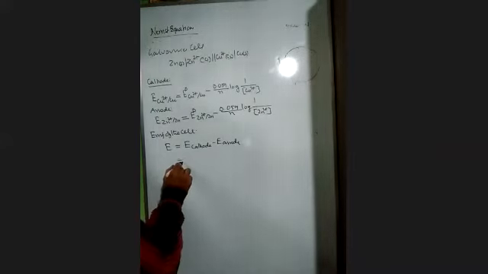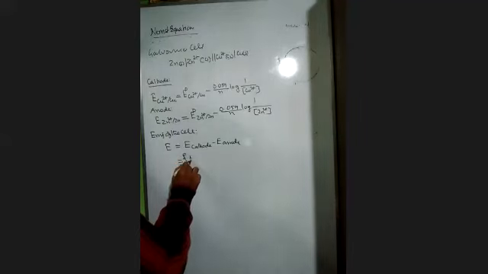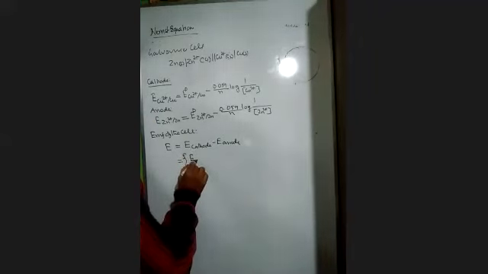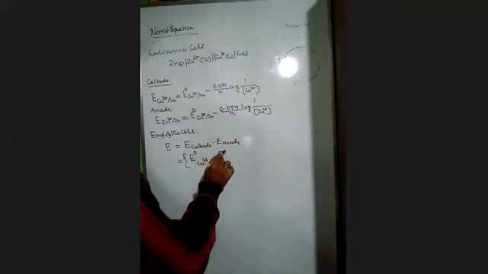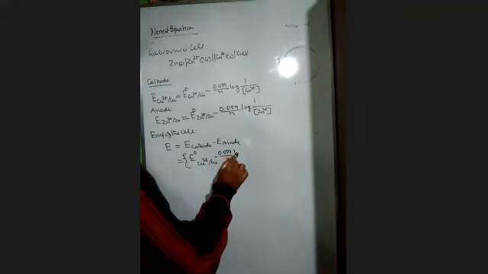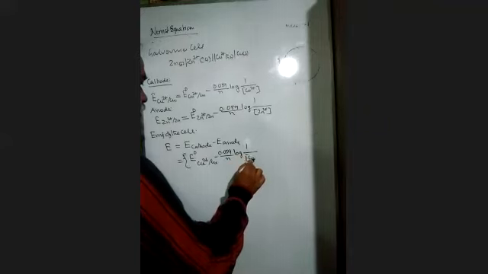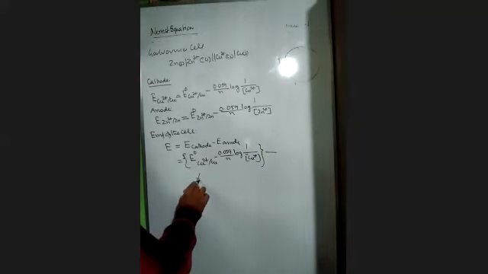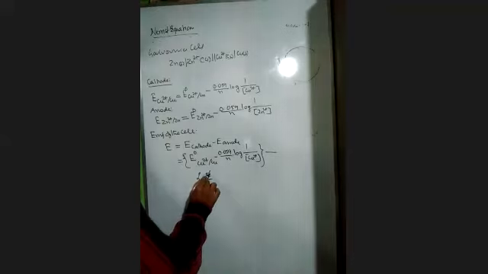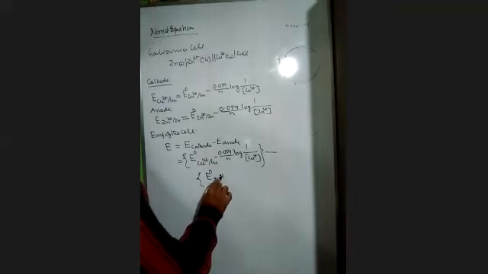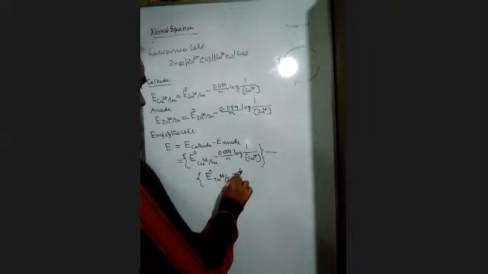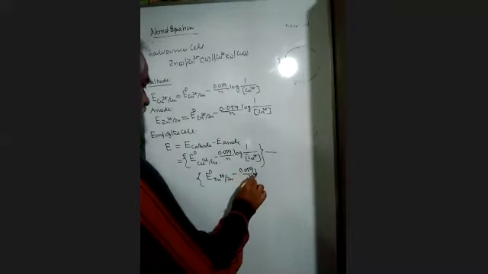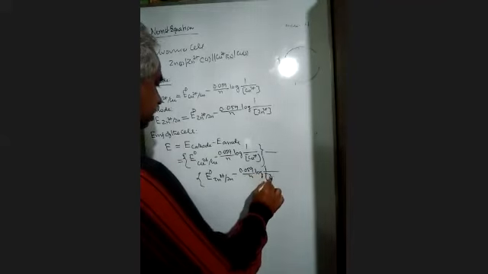So in that case, it will be E0 Cu2+/Cu minus 0.059/n log 1 by Cu2+, minus E0 Zn2+/Zn and 0.059/n log Zn2+.